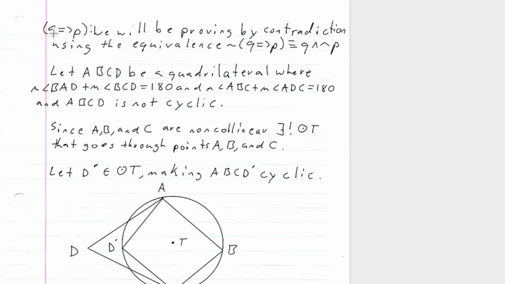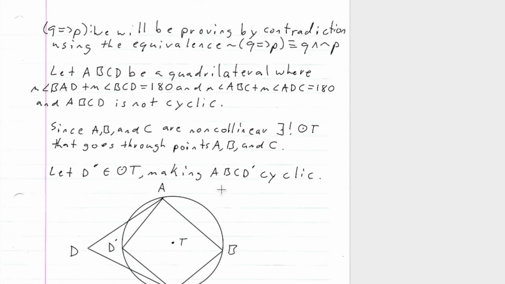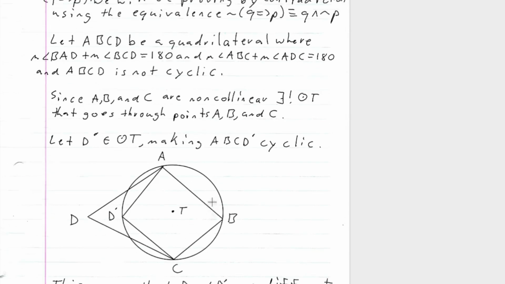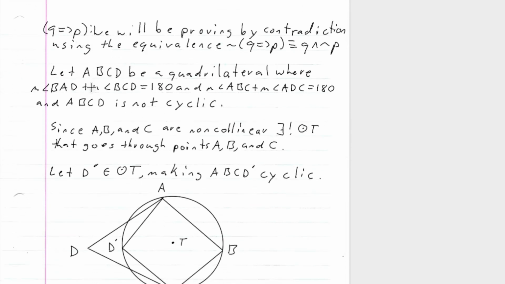Remember, Q was if we have a quadrilateral ABCD and the sum of the opposite angles is 180. So that's Q. We're going to assume that ABCD is a quadrilateral where the sum of the opposite angles is 180, and then P is that ABCD must be cyclic.